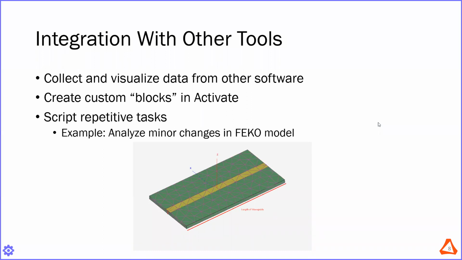And another really nice feature is the ability to code your own custom OML blocks in Activate. So if Activate just doesn't have what you're looking for, you can write it yourself and plug that in. And Activate, I know I didn't touch on that today. If you're unfamiliar, that's our systems of systems, multi-physics, visual coding environment.